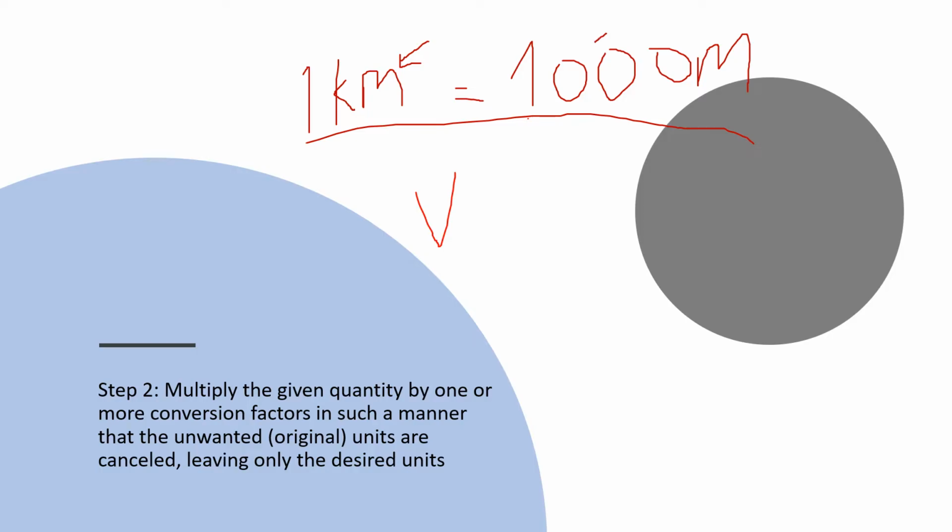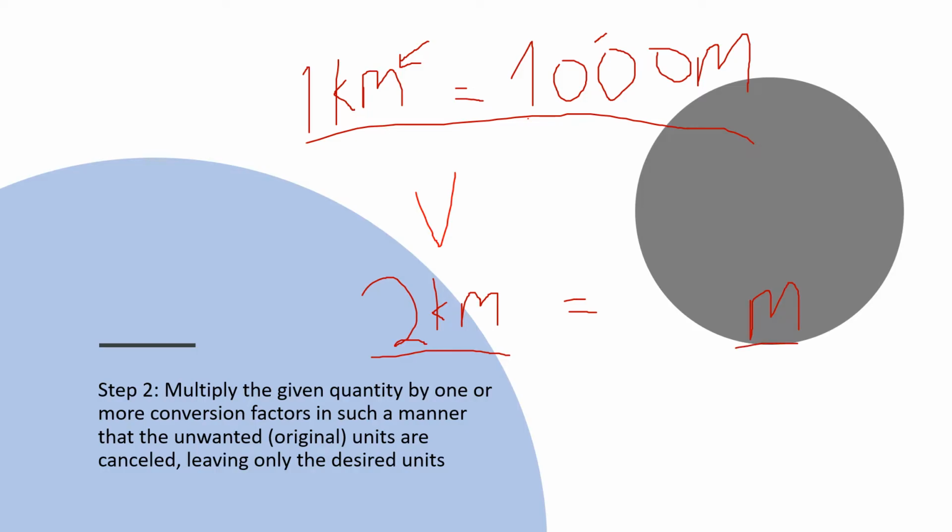So paano natin ilalagay or paano natin siya isa-set up so that we can cancel out our original unit. So sabihin natin you have 2 kilometers and then you want to convert it to meters. Okay, so basically sinunod natin yung step 1, what is given nasa left side and then yung desired unit natin nasa right side.